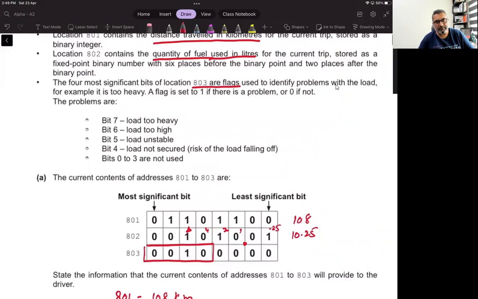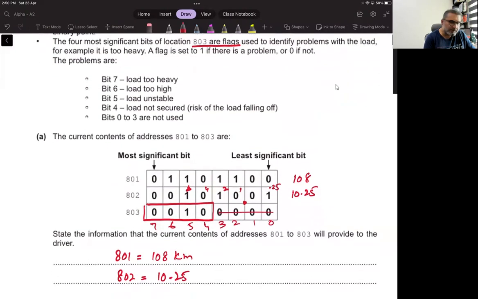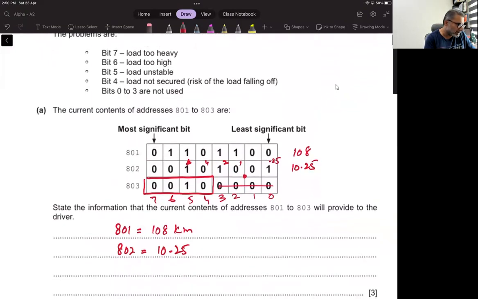So bit 7, 6, 5, 4, and 0 to 3 are not used. So these are 0, 1, 2, 3, they are not used. And then we have got 4, 5, 6, 7. So there is a 1 in bit 5. So 5 is load unstable. 803 is equal to load unstable.